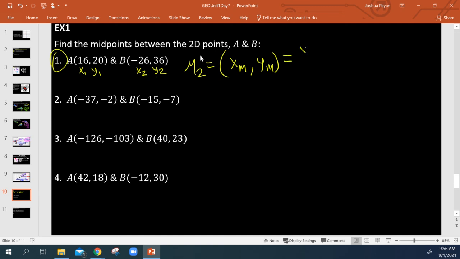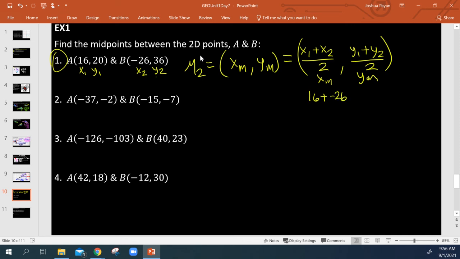Or x1 plus x2 over 2, comma, y1 plus y2 over 2. Okay? Anyway, all I'm going to do is plug the numbers in where they go. Okay, so x1 is 16 plus x2, which is negative 26. All of that over 2.